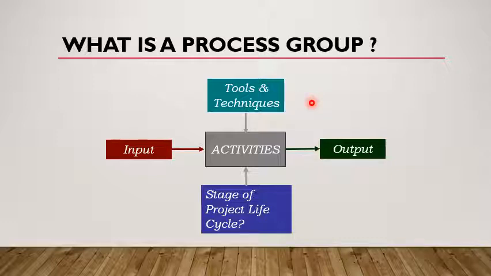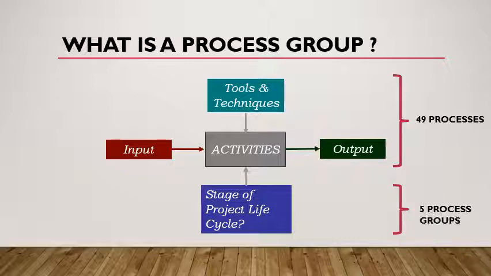Based on the stage wherein the process is applied, the processes are categorized into 5 process groups. Means there are 49 processes, and based on the application at a specific stage of the project life cycle, there are 5 process groups.